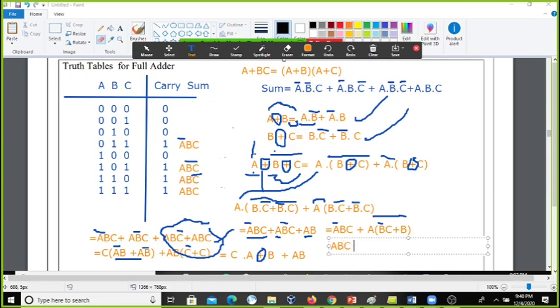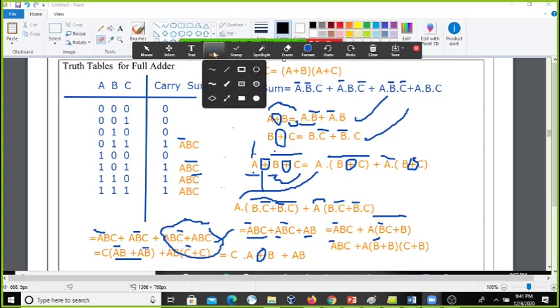Then you can write this is equal to ABC plus A into the expressions, that is B plus B bar, again C plus B. When you apply the distributive law for this one, you get A bar BC, and here B bar plus B is 1. The other one is B plus C. We know B plus B bar is 1.